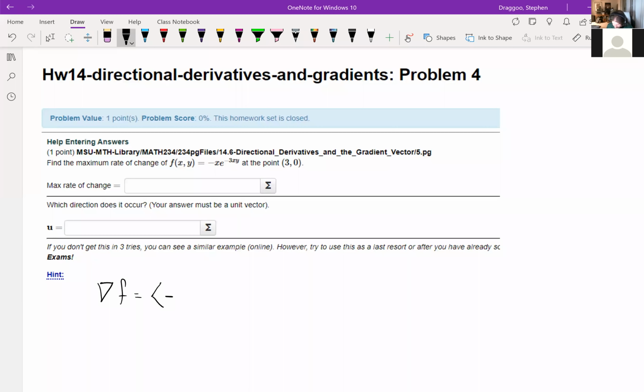Looks like negative 1 times e to the negative 3xy, minus a negative 3y times x e to the negative 3xy.